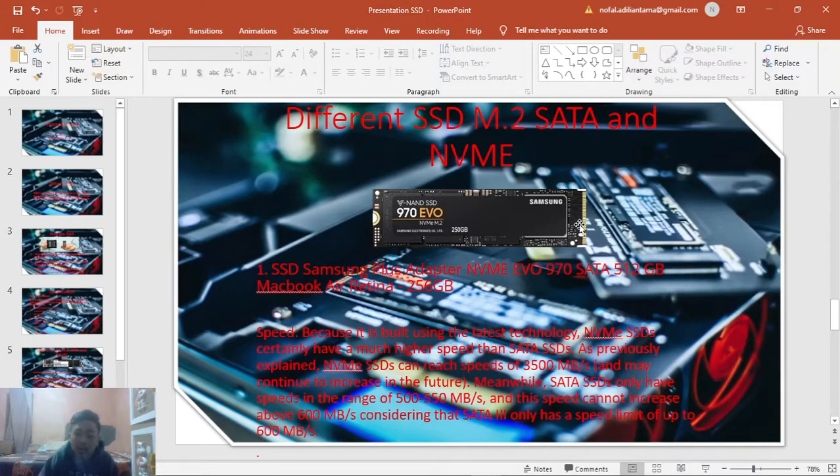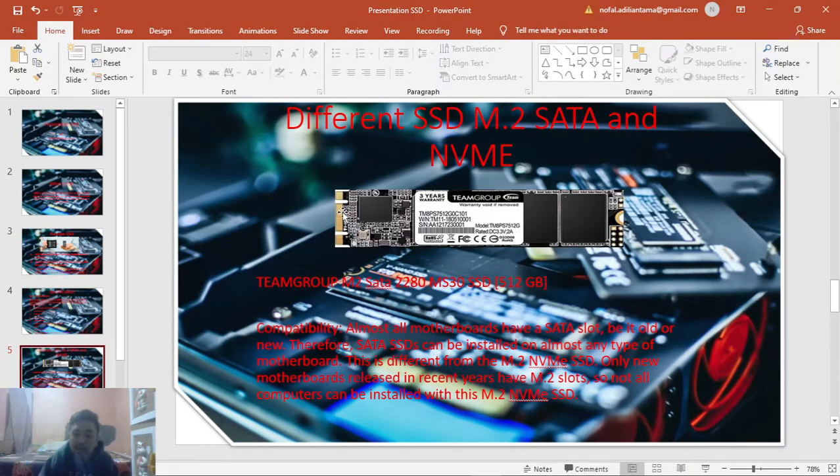So we can see the difference between the SSD M.2 SATA and the SSD M.2 NVMe. This is the yellow card, SSD M.2 NVMe. This is a slot card. Yellow card is SSD M.2 SATA. So we can see the difference.